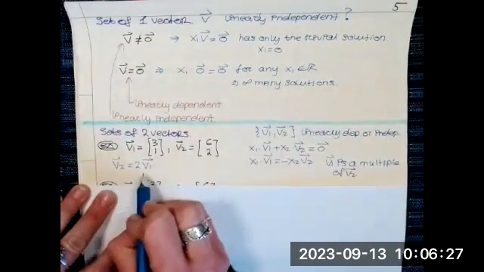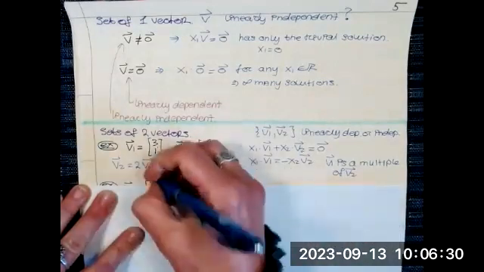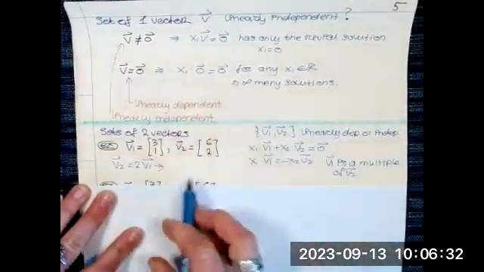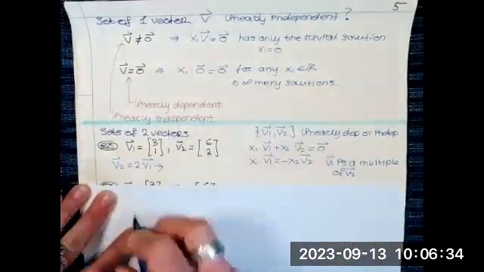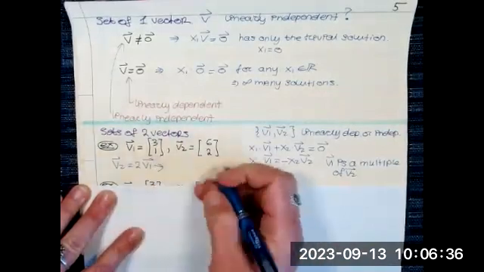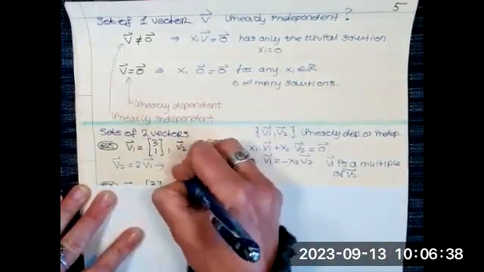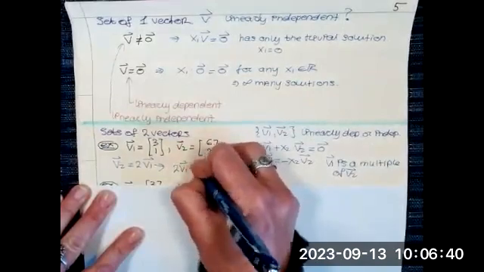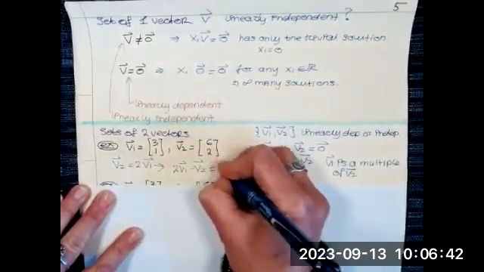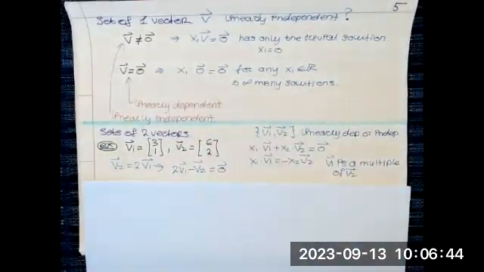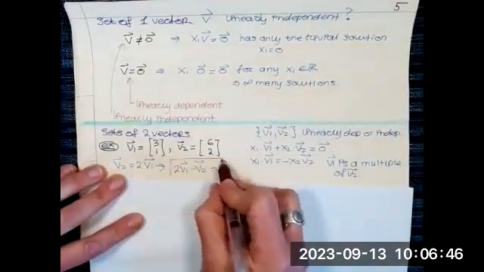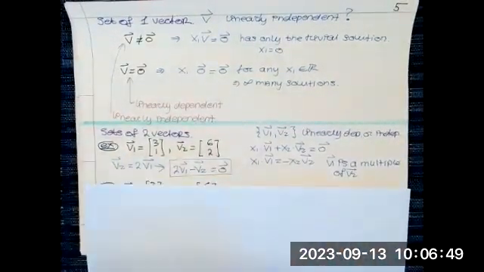So since v2 is a multiple of v1, I can rewrite this in my linear dependence relation form. Just put everything on one side. I will have 2v1 minus v2 equals 0. Right? And I do have my linear dependence relation.